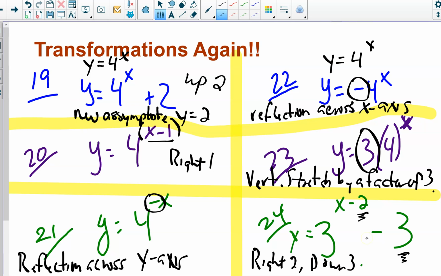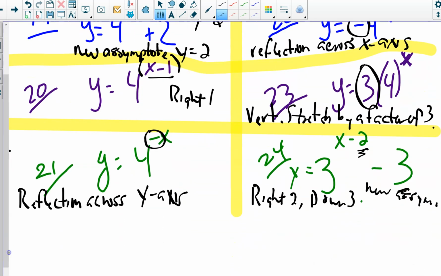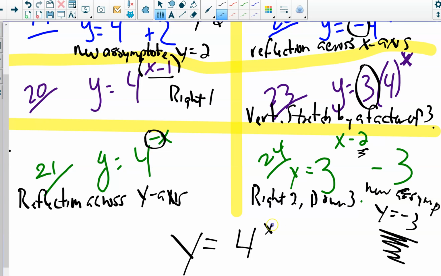And I want to make a note that the new asymptote is y equals -3. So just so you're very aware of that, we had 2 of them on here where that would change. The transformation shouldn't have been a very big deal, just that the parent function, on most of them, was 4 to the x.